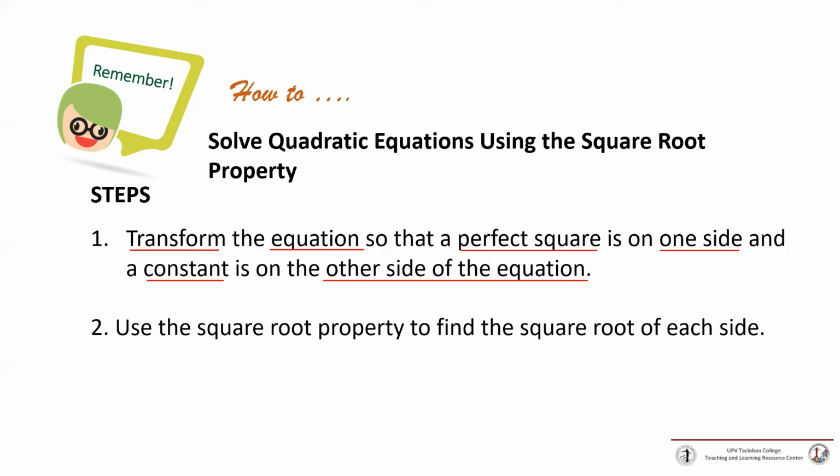Number two, use the square root property to find the square root of each side. And number three, solve each resulting equation, because there will be resulting equations. That's the time you are going to solve them.